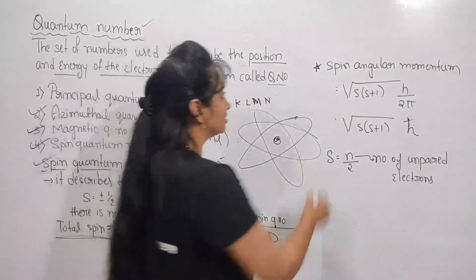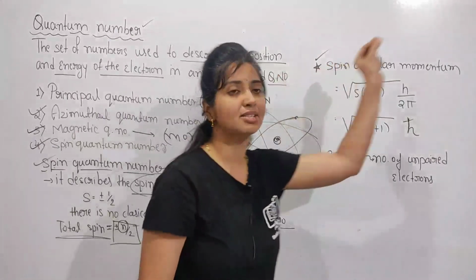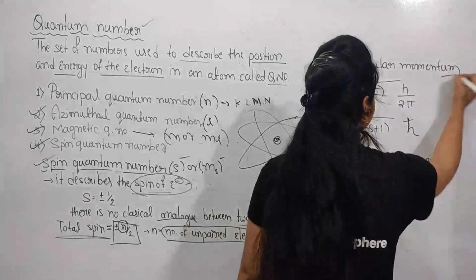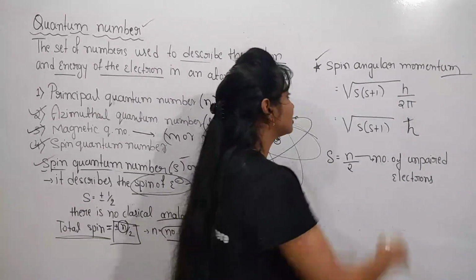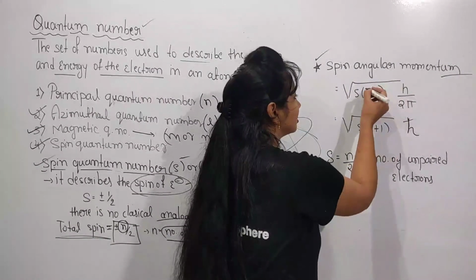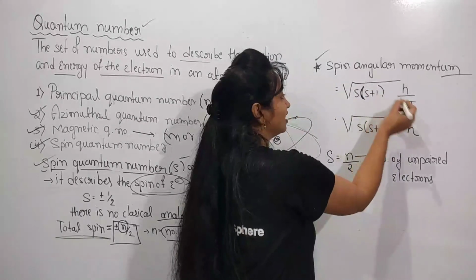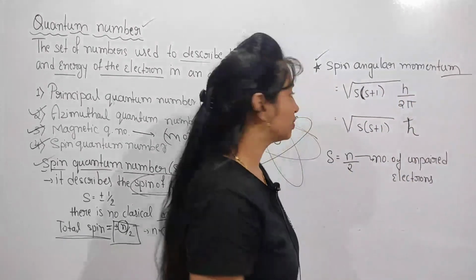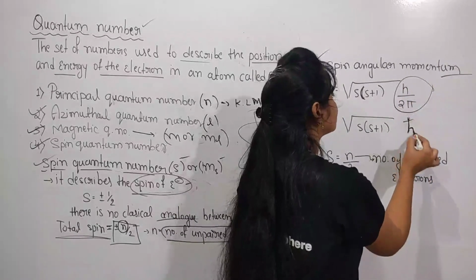And next, the spin quantum number also tells about the spin angular momentum of the electron. The formula is the square root of s into s plus 1, times h divided by 2 pi. This h divided by 2 pi we can write as h bar also.